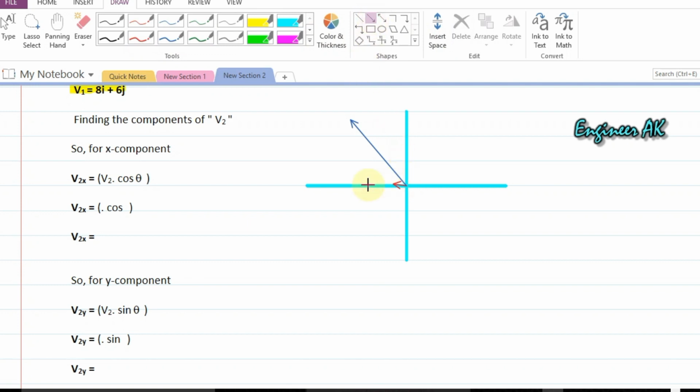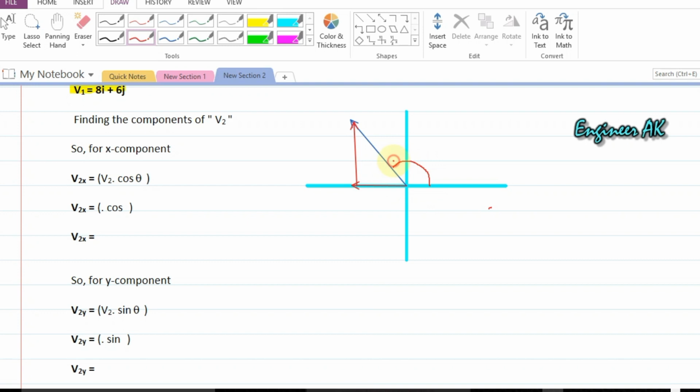One will be in the x direction, and the second will be in the y direction. And we know that this is making an angle of 60 degree with the negative x-axis, right? But we will find it from here.